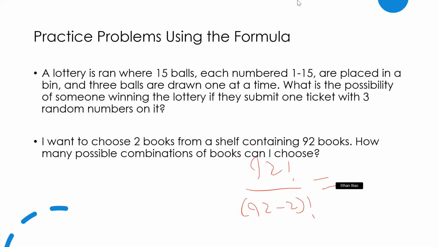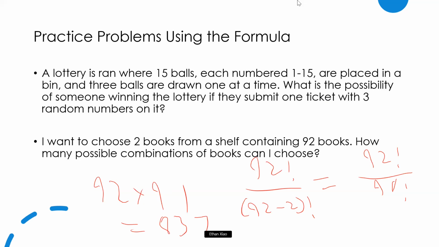Then we are left with 92 factorial over 90 factorial, which is 92 times 91, if you use that trick we said earlier, and that is equal to 8,372.